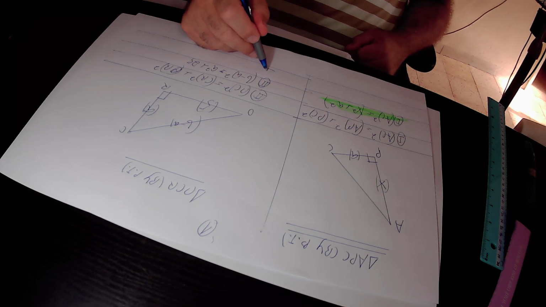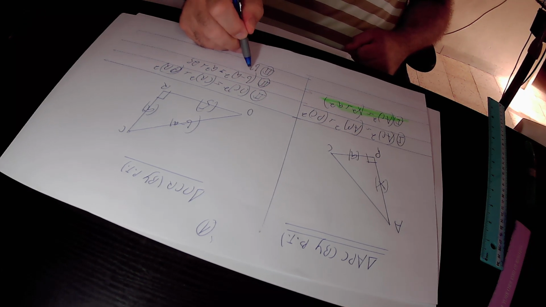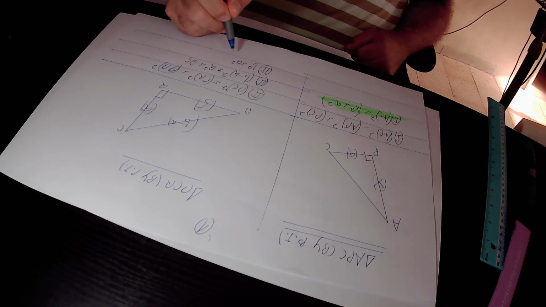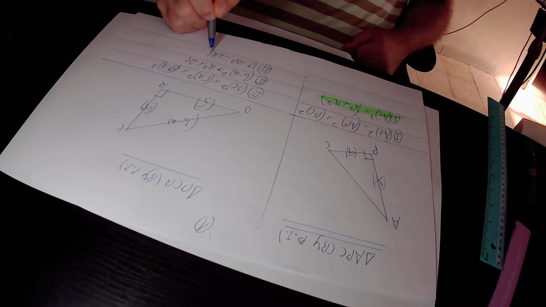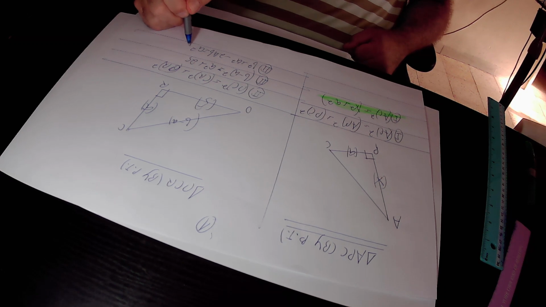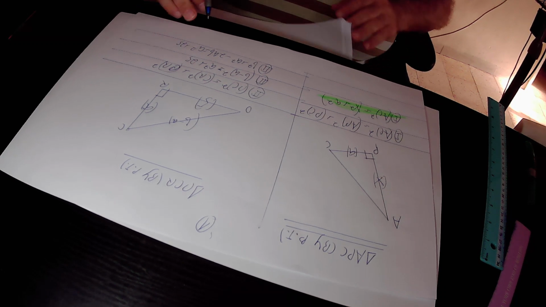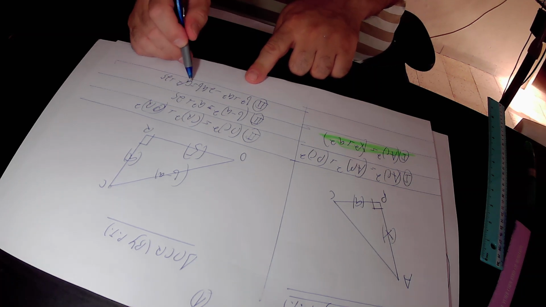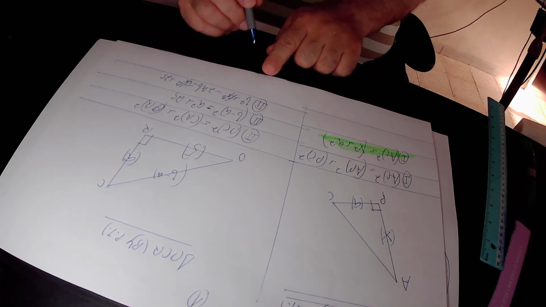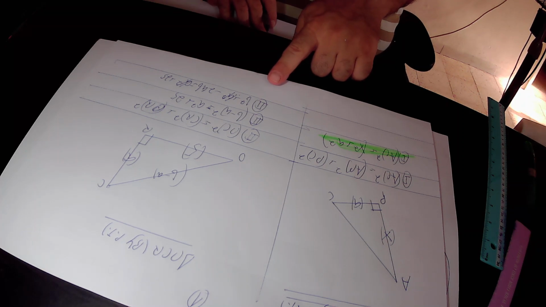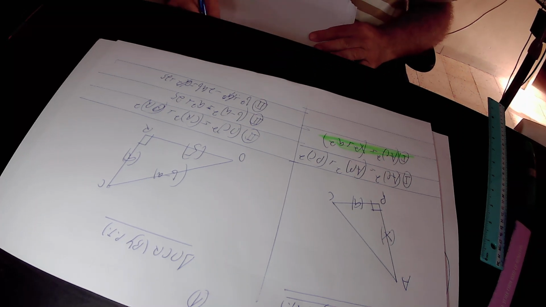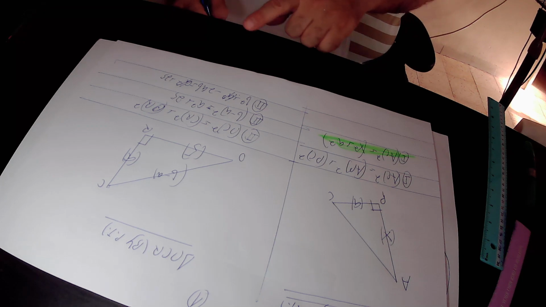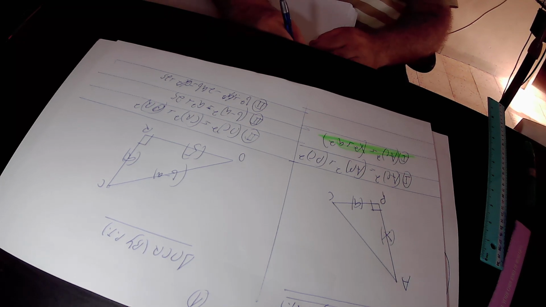B minus A squared is B squared plus A squared minus 2 times A times B, and it is equal to A squared plus 25. So here we have A squared on both sides of this equation 2, so A squared will get cancelled. After I cancelled A squared, on this side of equation 2 we are left only with B squared minus 2 times AB.